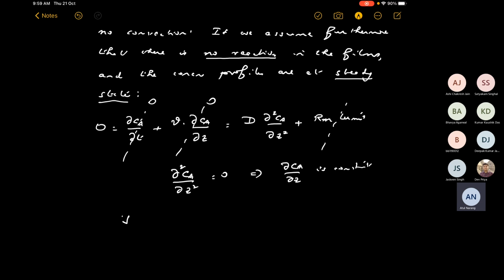Since they are both linear, I have Jg, so it's pure diffusion.